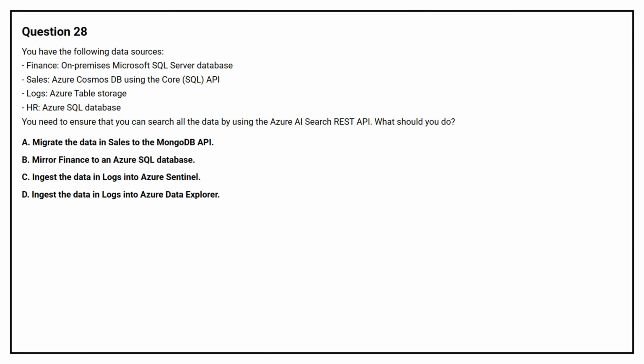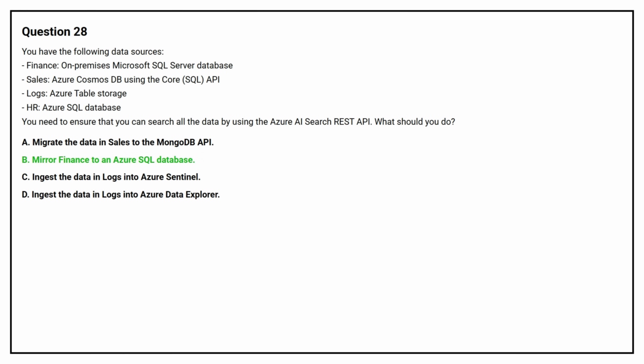You need to ensure that you can search all the data by using the Azure AI Search REST API. What should you do? Option A, migrate the data in Sales to the MongoDB API. Option B, mirror Finance to an Azure SQL database. Option C, ingest the data in Logs into Azure Sentinel. Option D, ingest the data in Logs into Azure Data Explorer.